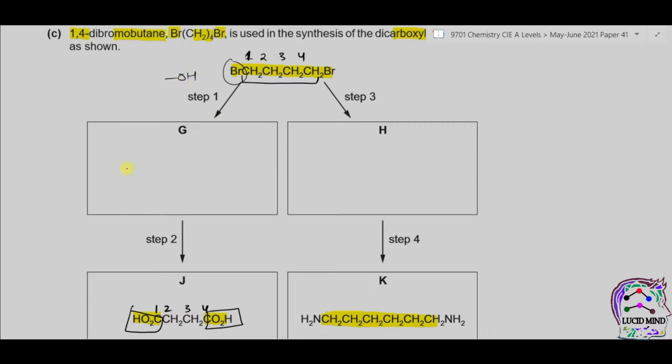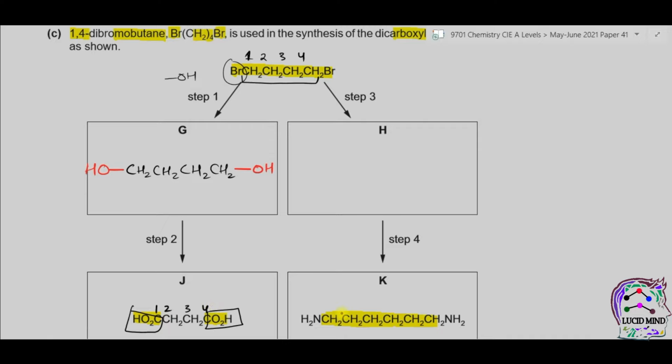So it will be converted into HOCH2CH2CH2CH2OH, and both Br will be replaced with alcohol groups. Now these alcohol groups can be oxidized in step 2 to form carboxylic acid.